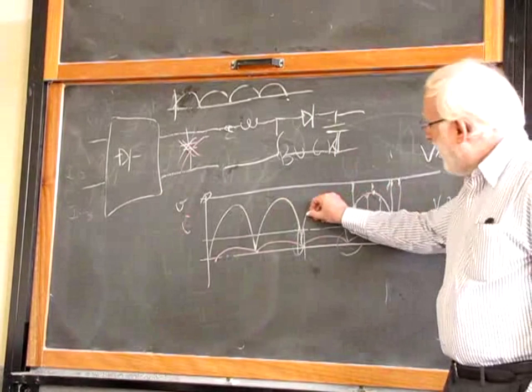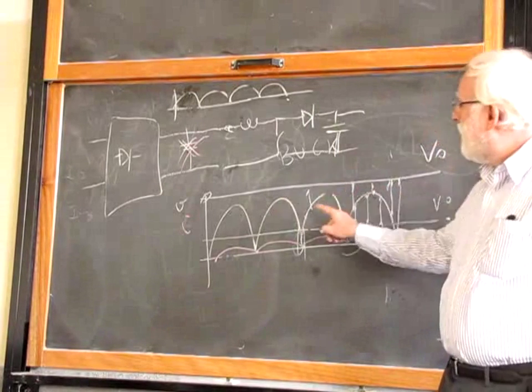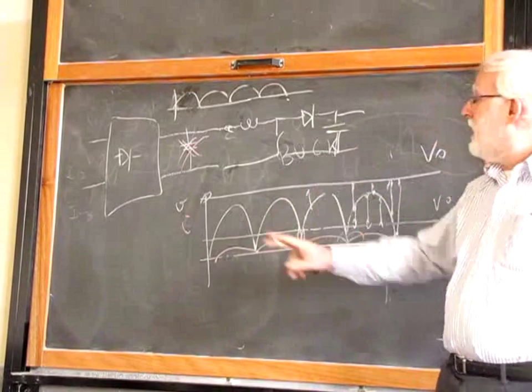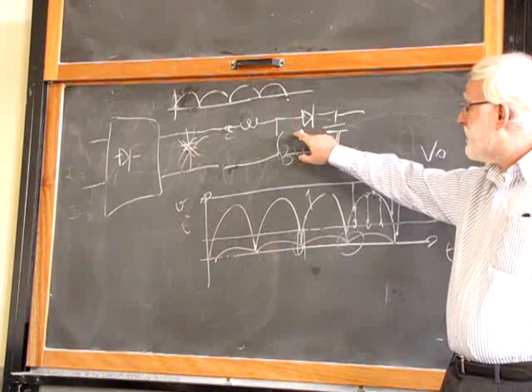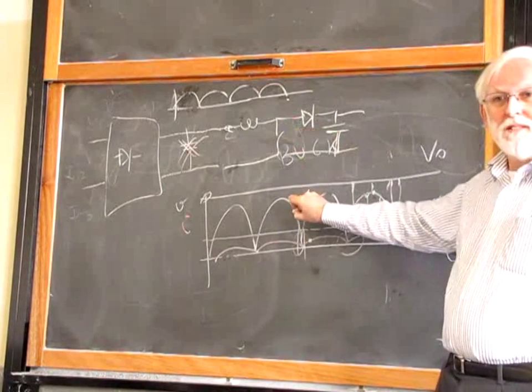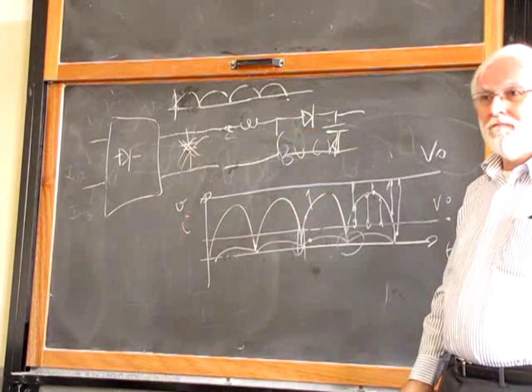We can have any input voltage boosted up to the output voltage, and we can control, if we are good enough, we can drive this boost converter to absorb a current proportional to the voltage. Okay? That's good.